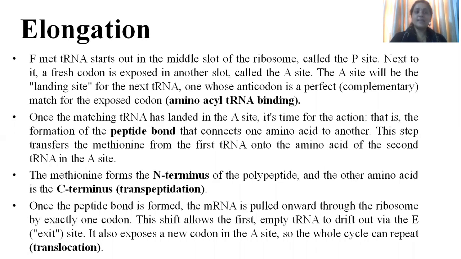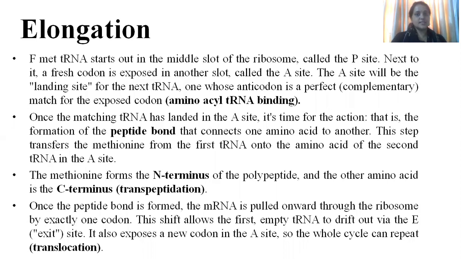Now the fMet tRNA starts out in the middle slot of the ribosome. The fMet tRNA, that is the modified tRNA present in the bacterial cell, formyl methionine tRNA, always takes place at the P site. So the initiation always takes place at the P site. Now the next active tRNA will take place at the A site.